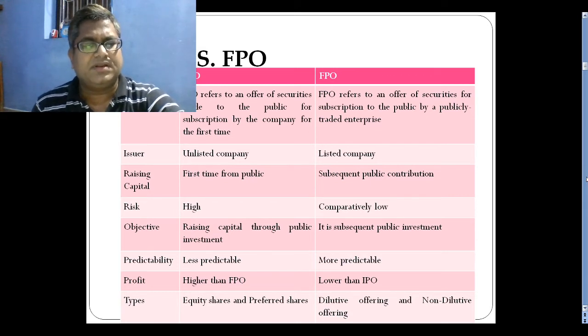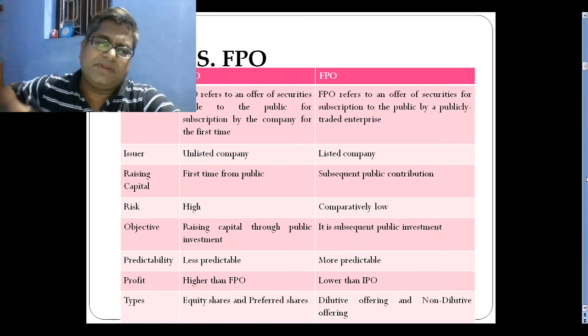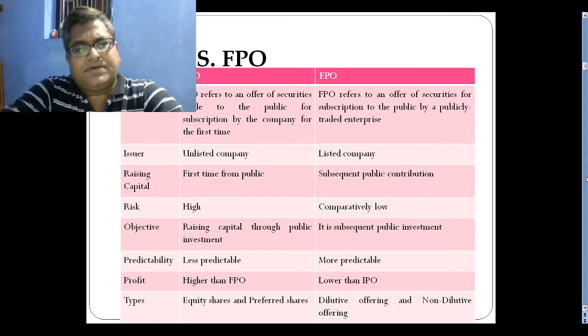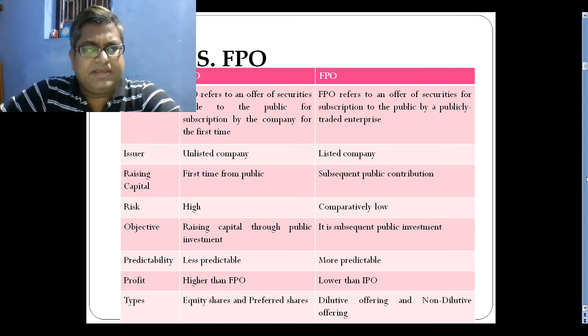The issuer for IPO is an unlisted company, and for FPO it is a listed company. If you talk about raising funds, when it is the first time from the public, it is IPO, and when it is for expansion purposes, it is called FPO.